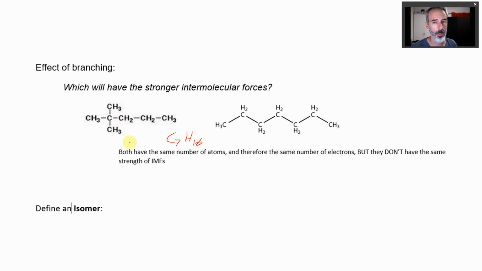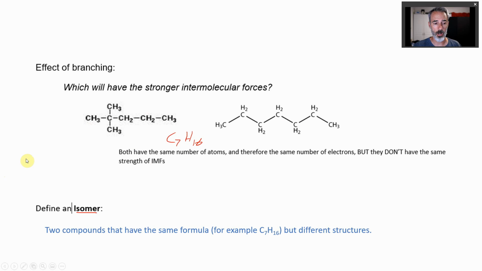These two compounds are isomers of each other. Isomers are compounds that have the same formula but different structures. Now, if you were trying to figure out which of these two would have stronger London dispersion forces, well, the answer is that this one over here has stronger London dispersion forces.